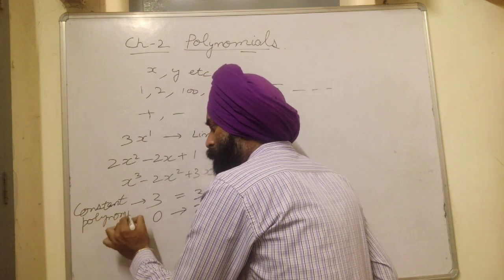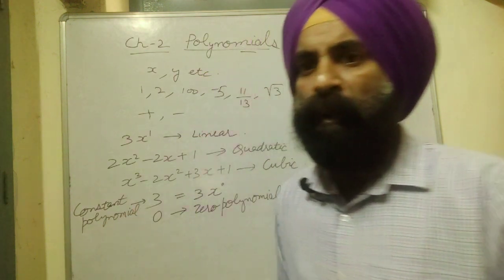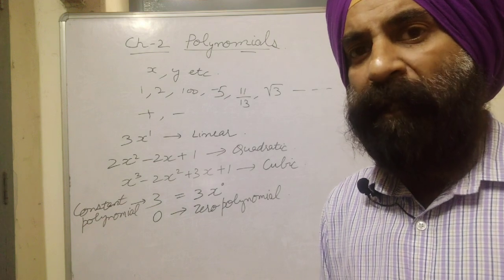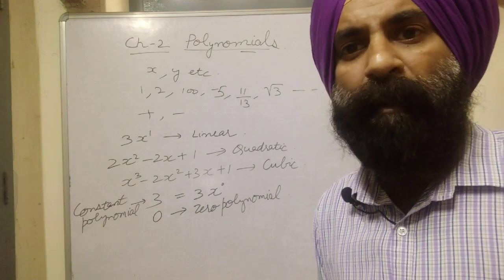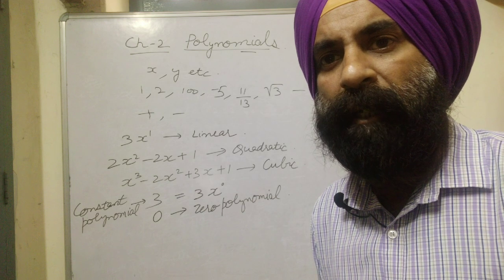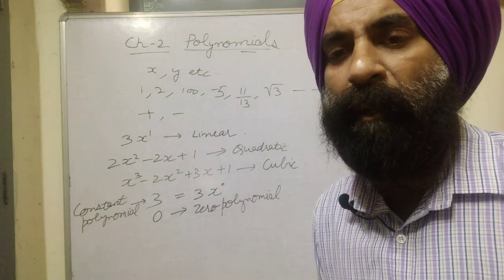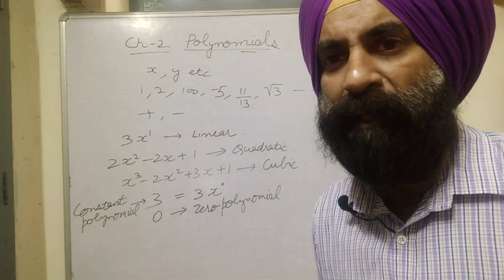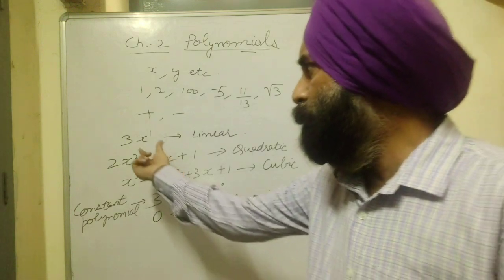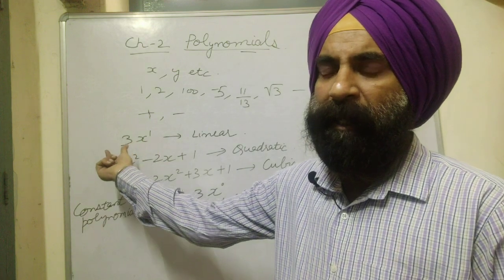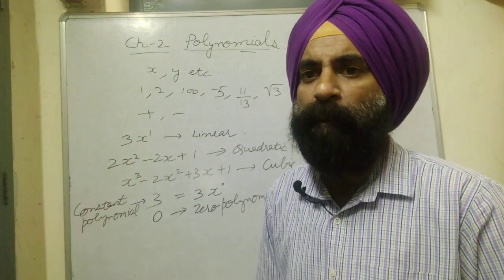Now, hope you are clear with this. Earlier you might have studied algebraic expressions in your lower classes, and algebraic expressions and their types are considered on the basis of the number of terms. If we have one term in an algebraic expression, it is called a monomial.